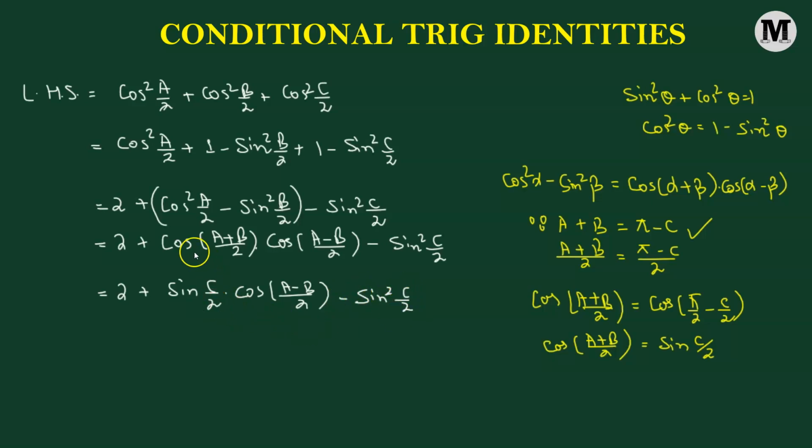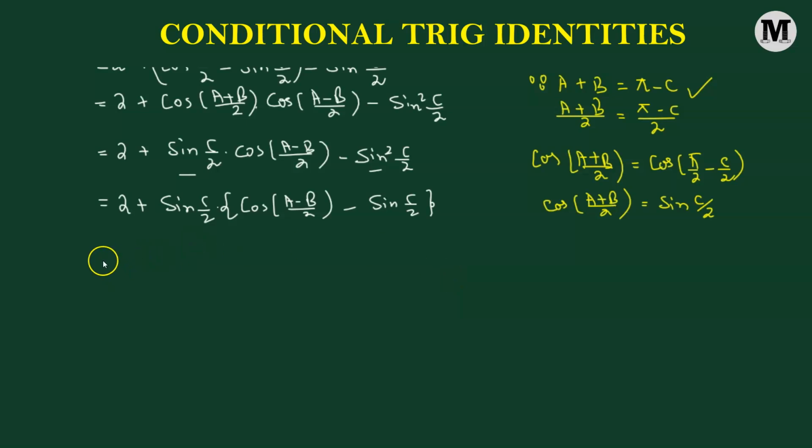We can take sine C over 2 as the common factor. This leaves us with cosine of A minus B over 2 minus sine of the angle C over 2.